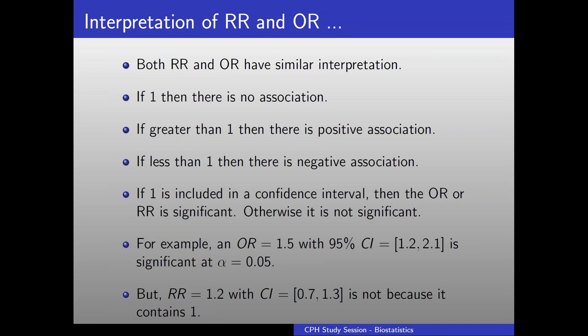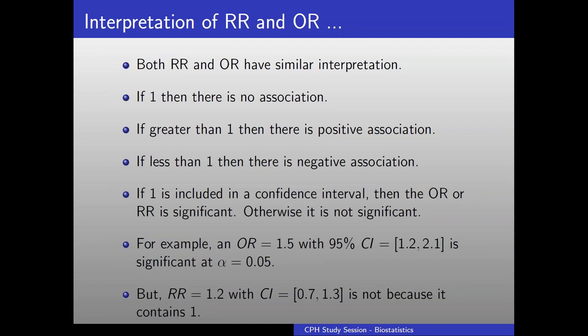Very oftentimes for these, you're going to see a confidence interval. So you're going to see a value for relative risk or odds ratio followed by a confidence interval for that measure. If a confidence interval contains the null value of 1, then that odds ratio or relative risk is not significant.